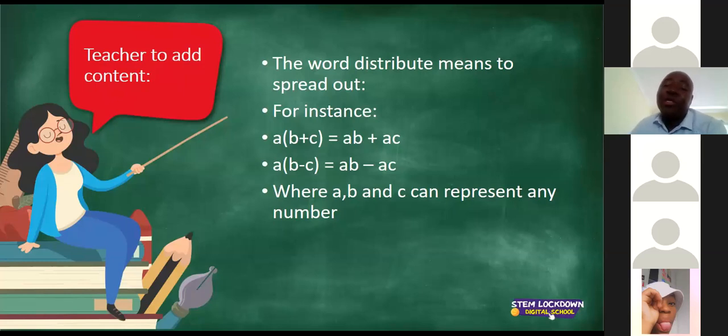So you have used the distribution method to get to where we are now, AB plus AC. And we've done the same again with A into B minus C to get AB minus AC, where A, B, and C can represent any number.